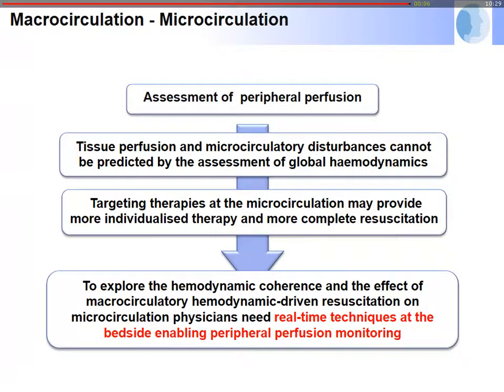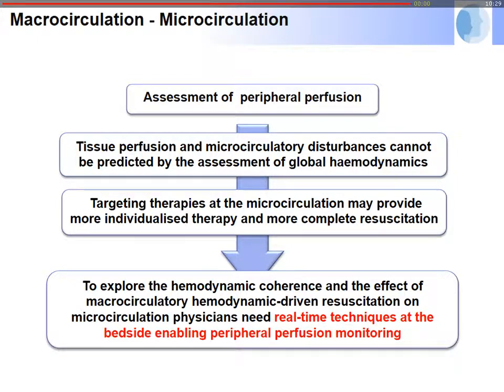So in conclusion, tissue perfusion and microcirculatory disturbance cannot be predicted by the assessment of global hemodynamics. Targeting therapy at the microcirculation may provide more individualized therapy and more complete resuscitation.